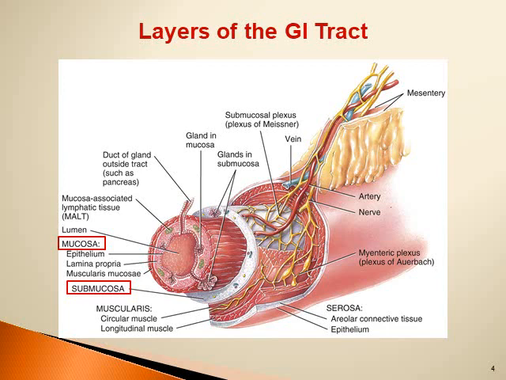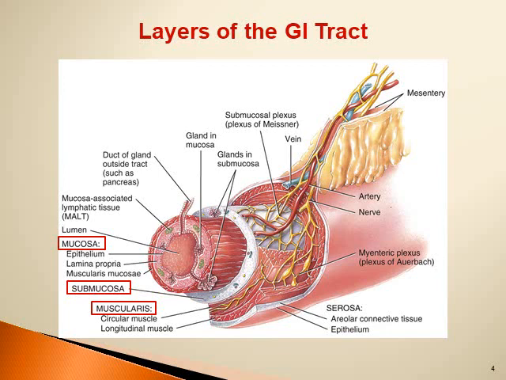Then the muscularis or muscularis externa, which is composed in most of the parts of the alimentary canal of an inner circular muscle layer and an outer longitudinal muscle layer, and these two layers are separated by a very important plexus called the myenteric plexus or plexus of Auerbach.